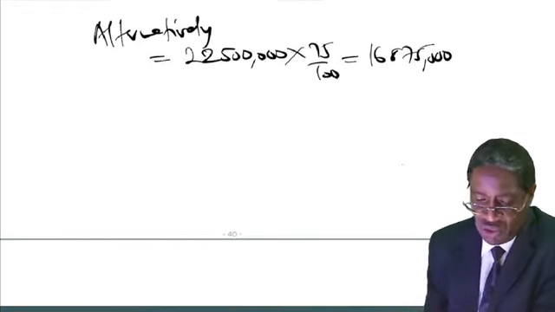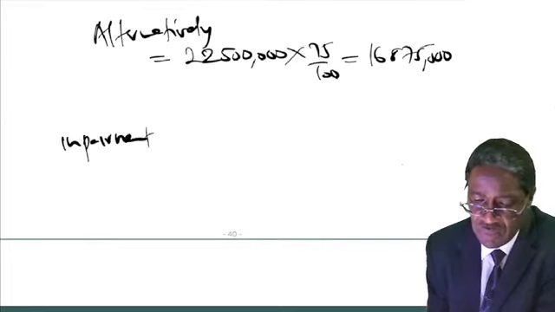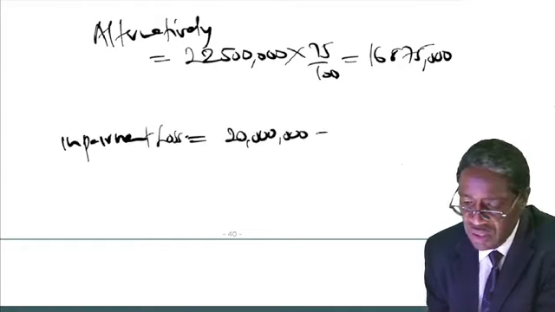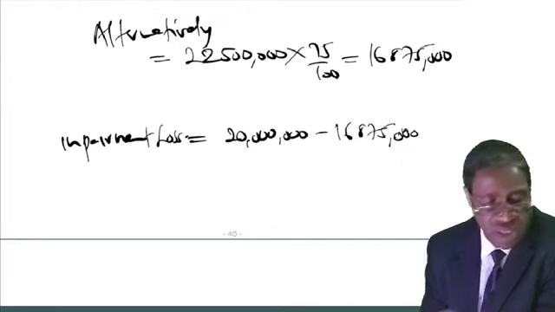Good. So below that, write impairment loss equals 20 million minus 16,875,000.